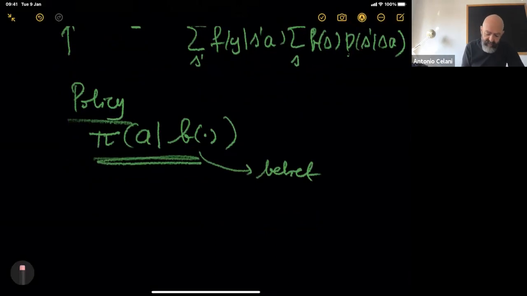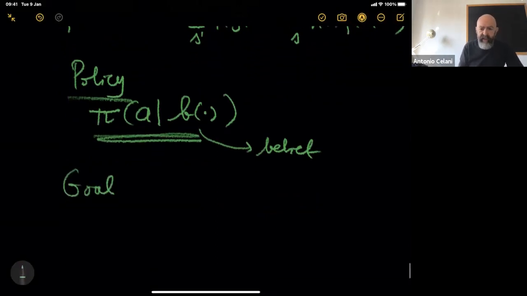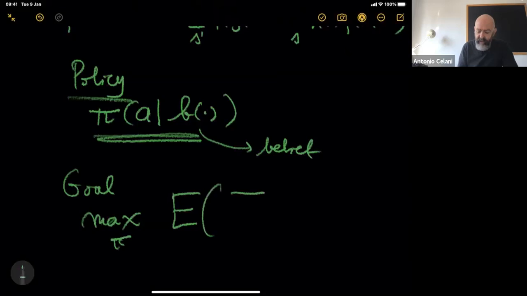So what is the goal? The goal is the same: maximize over the policy the expectation of the discounted rewards.